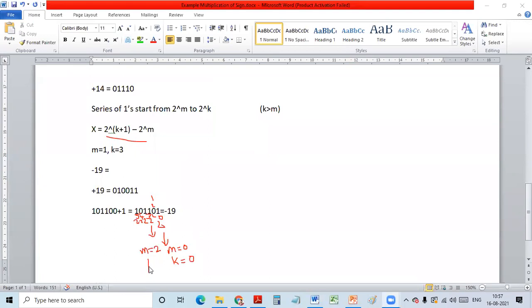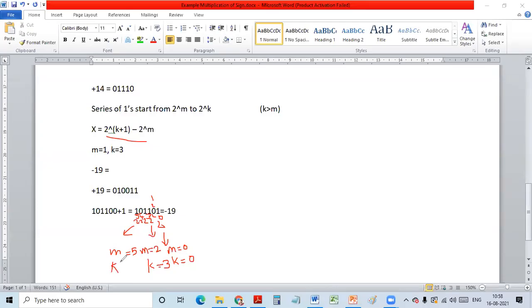So here my m is equal to 2 and k is 3. And in the last case, my m is equal to 5. And what about k?